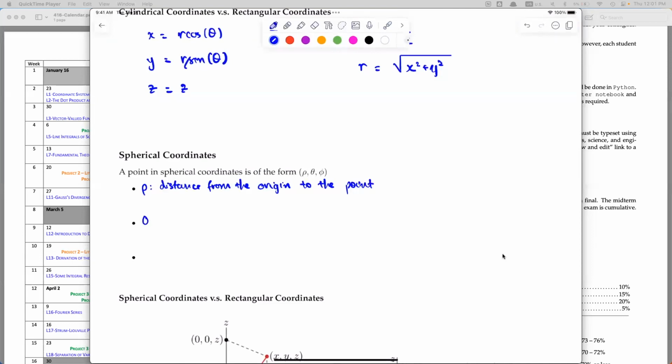Theta is the rotation from the positive x-axis, and theta has to be between 0 and 2 pi.